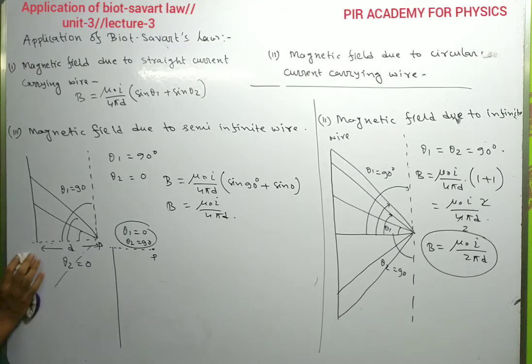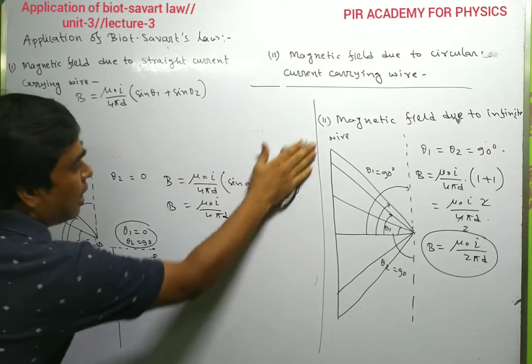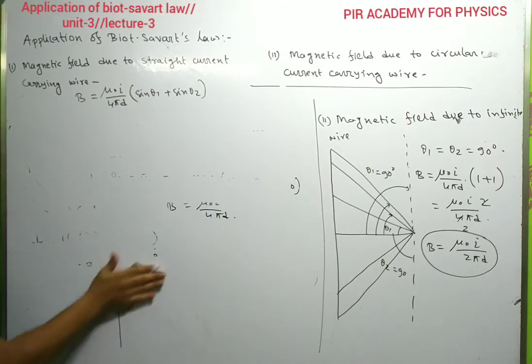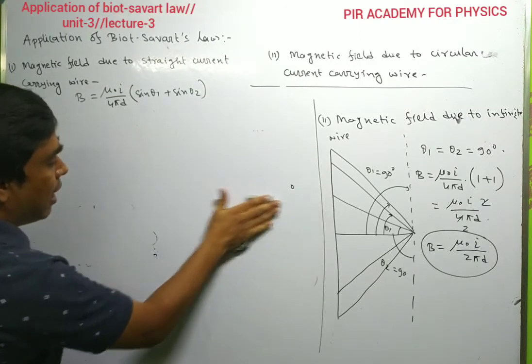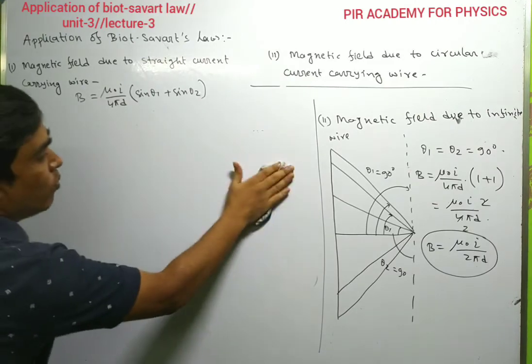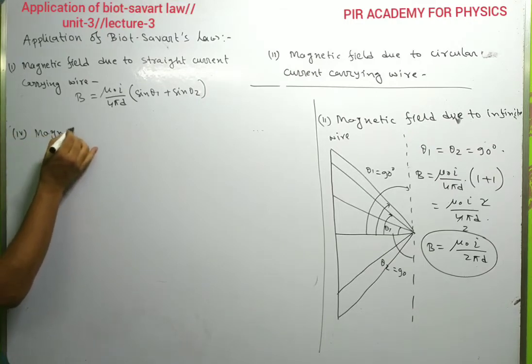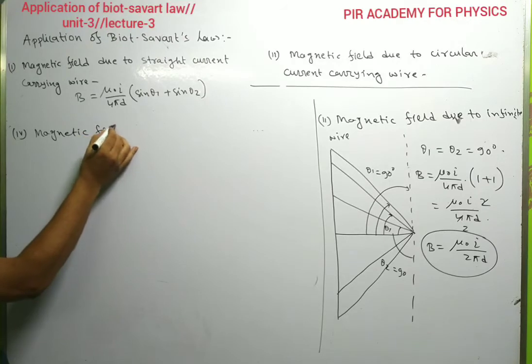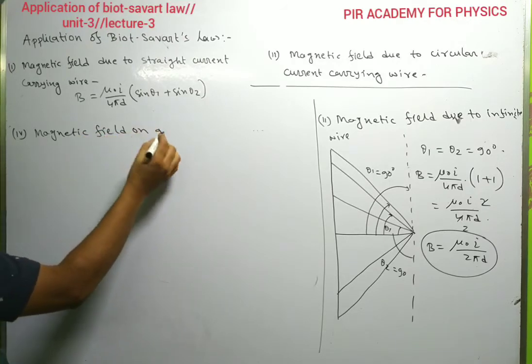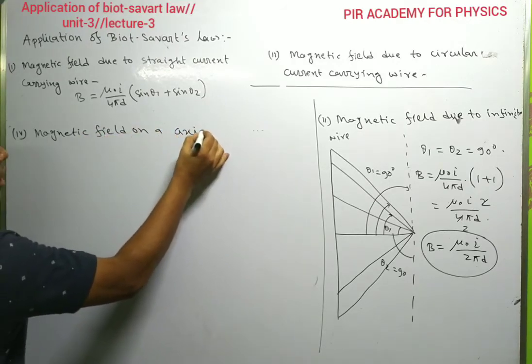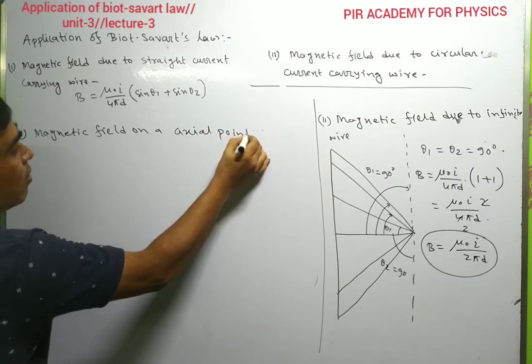Now we have to calculate the magnetic field on an axial point. Number 4 is magnetic field on an axial point.